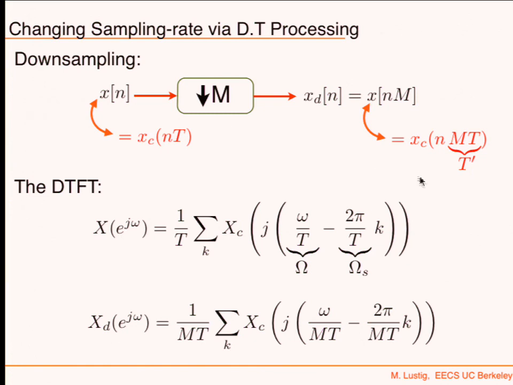That is also x sub c of n times capital M times capital T, which is basically as if I sampled the continuous time signal at a period T prime equal to M times T. I just skipped samples, so my rate is now M times lower.